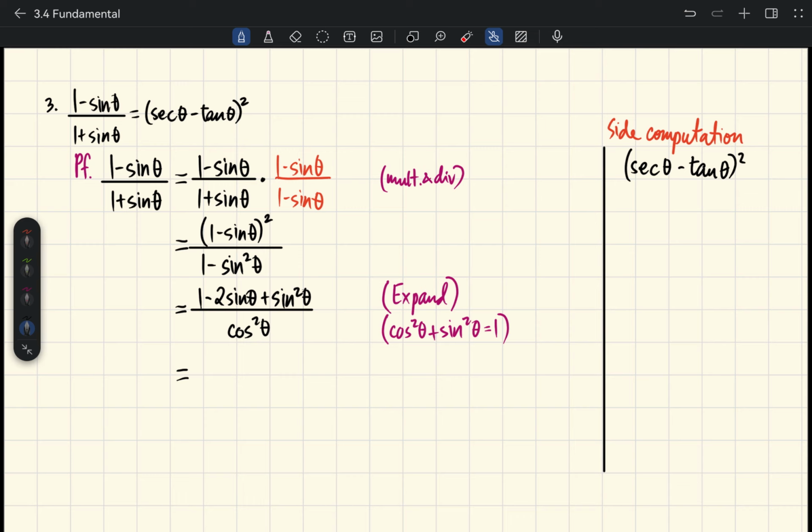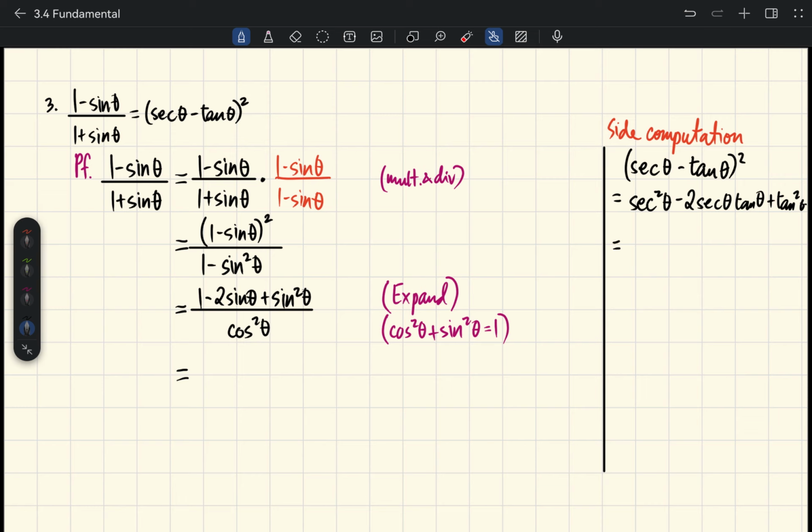This one right here can be expanded by the square of a binomial. So you have secant squared theta minus twice the product of these two, minus 2 secant theta tangent theta. Then we have plus tangent squared theta.